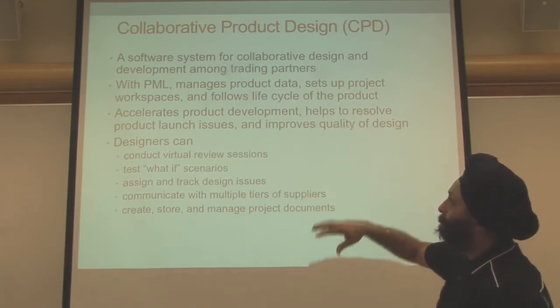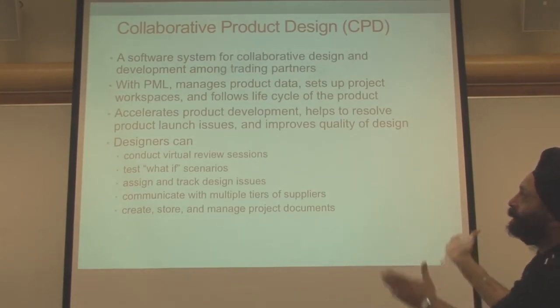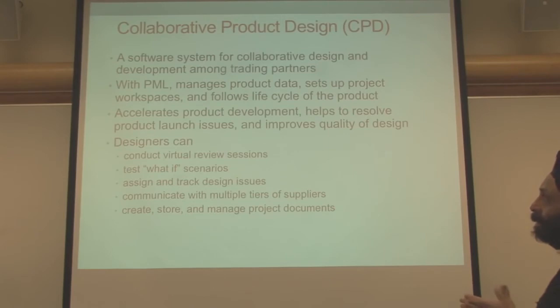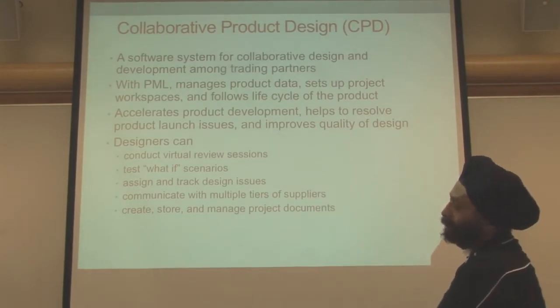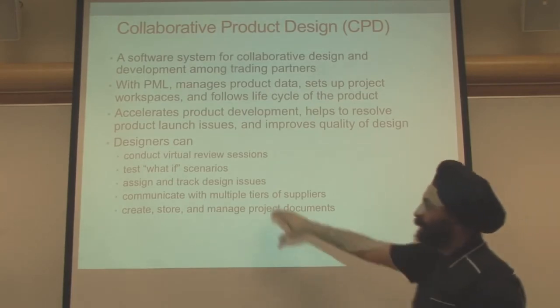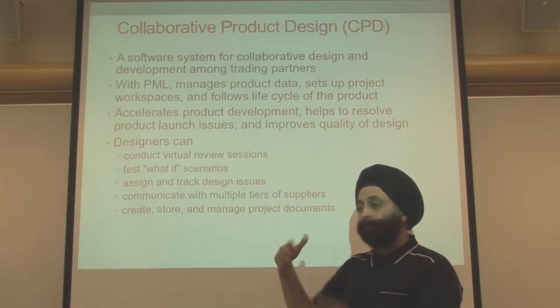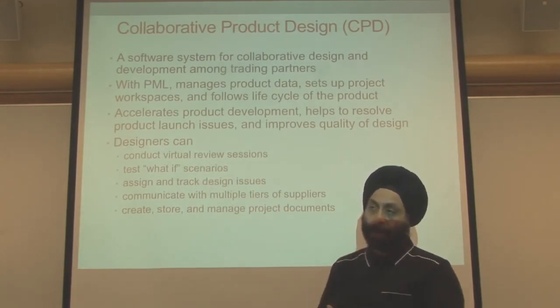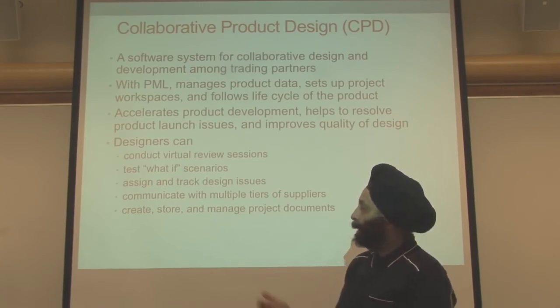In this case, you manage data, set up project workspaces, follow the life cycle of the product, accelerate product development, address various product launch issues, and improve the quality of design. Designers can look into virtual reviews and what-if scenarios. What if we were to do this? How will the product change? Will it look better? Will it perform better?